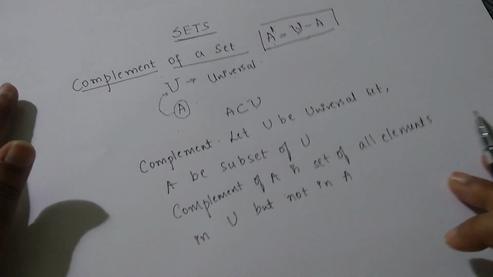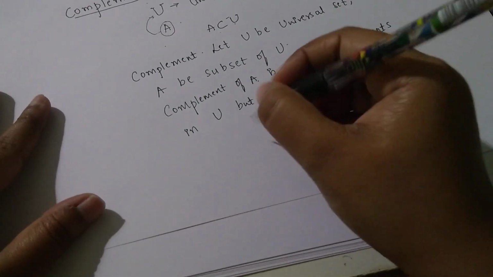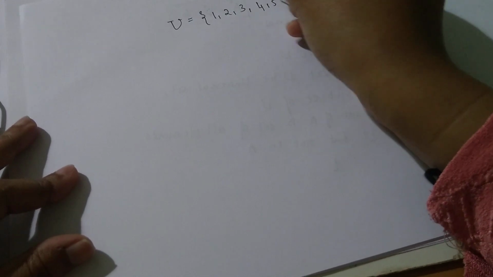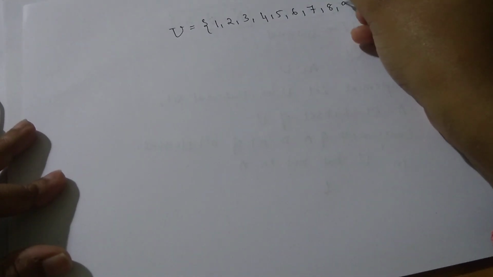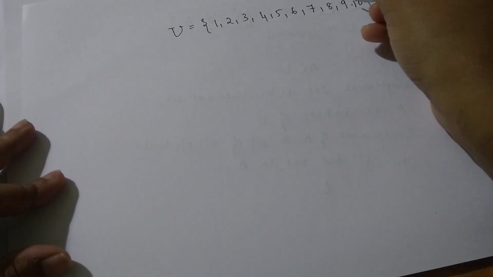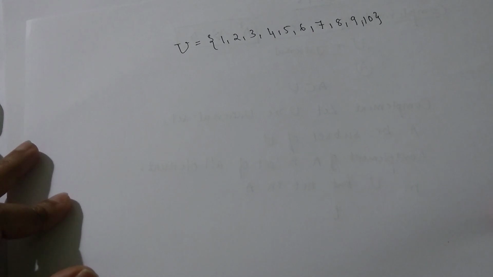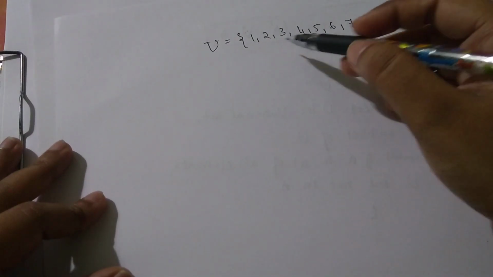Okay, I'll give you one example here. Let me take the universal set equal to 1, 2, 3, 4, 5, 6, 7, 8, 9, 10. So now I've taken the universal set elements from 1 to 10.